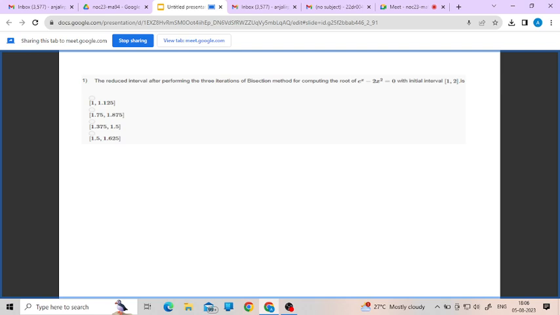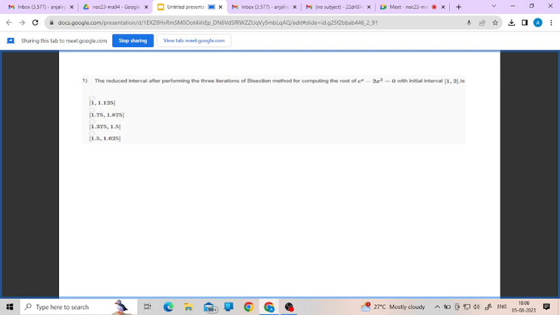Is 1 and 1.125. Okay, sir, let's let others solve. 1 and 1.125 is the answer.